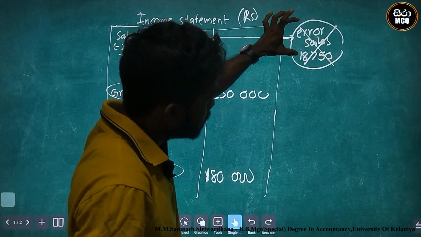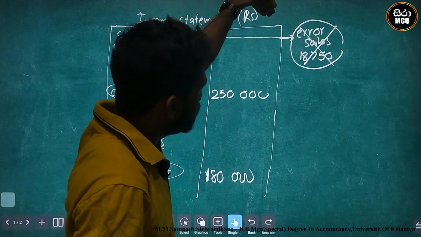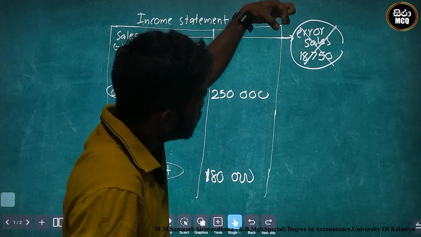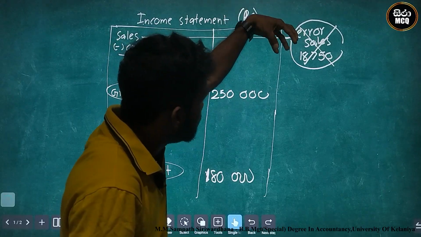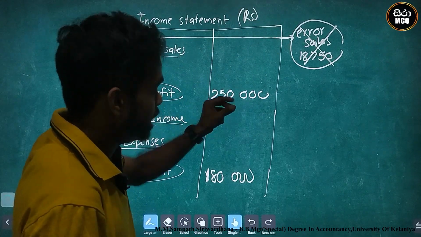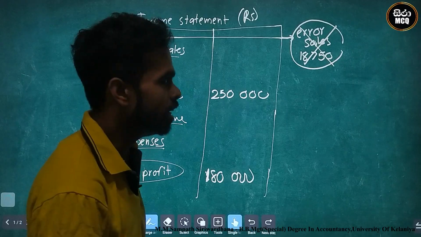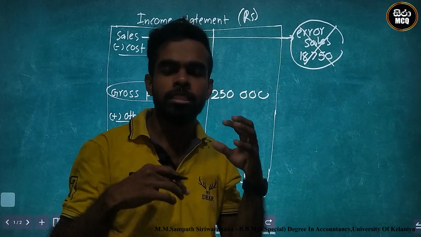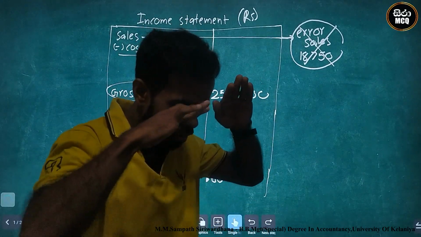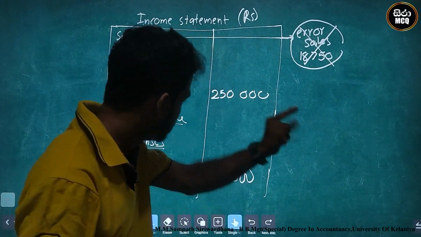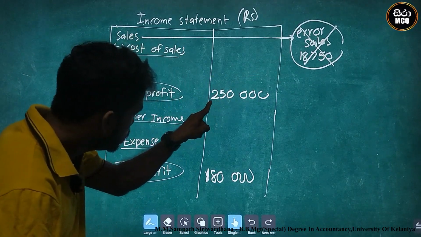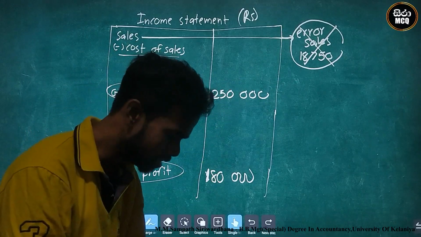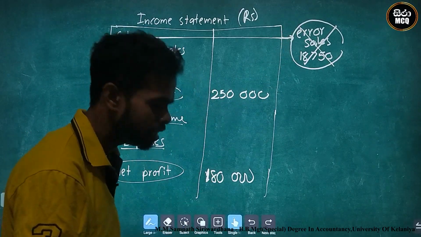This error sales 18,750 was already added at the top of the income statement, at the head, so this impacts the gross profit side and also the net profit.